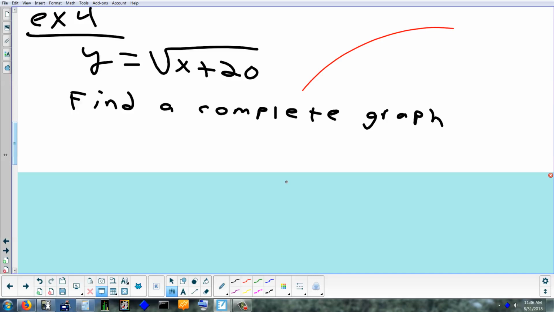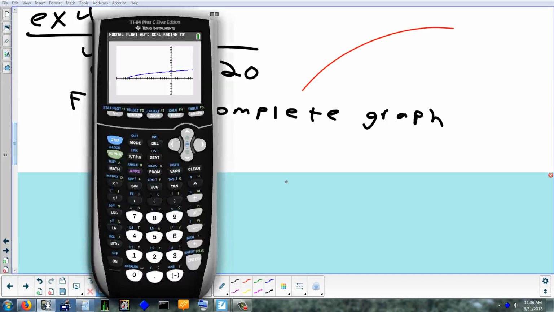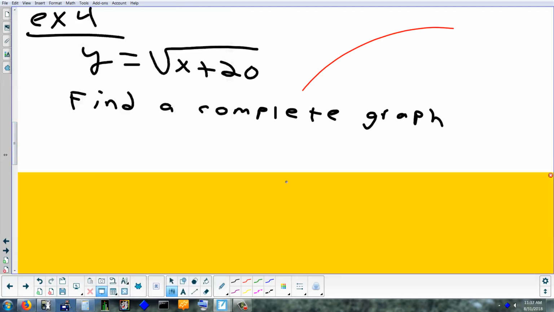Is there a number that if you gave me, I'd say, no, that's too big, you can't take the square root of that? No, you can take the square root as big as you want. So no matter how far to the right you set your x max, you're never going to see the end of this graph. You can take the square root of 1,000,000, billion. It just keeps going. So there's no upper limit on this graph, more just a lower limit.